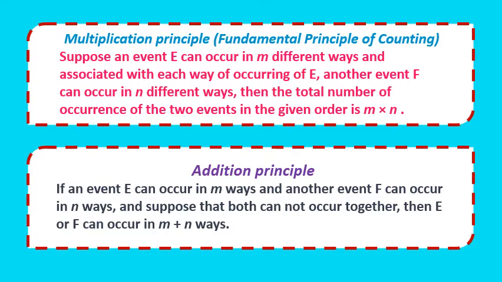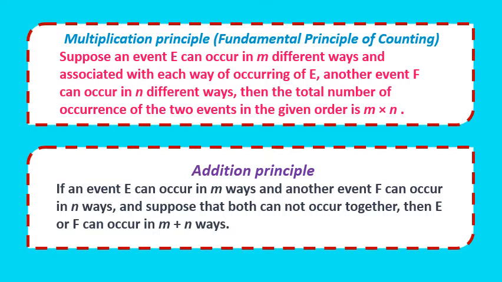And don't forget the order, it should be m multiplied by n. So we have E m times, following which we have F n times. Then the total number of occurrences of the two events in the same order will be m multiplied by n. This principle is called multiplication principle or the fundamental principle of counting.